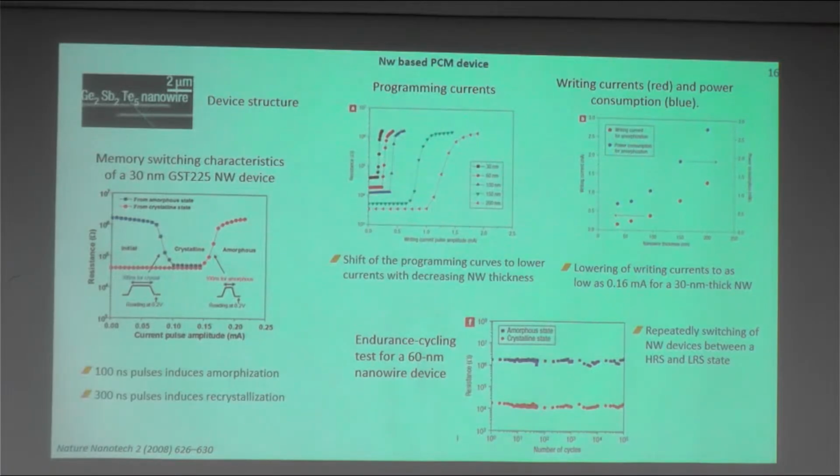It could be tested up to 10 to the 6 times. And there was a difference between the high resistance state and low resistance state large enough for device application. So nanowires also have potential for nanoscale phase change memory devices.